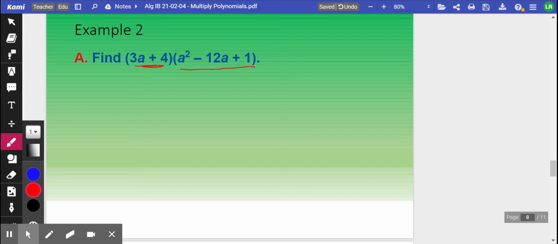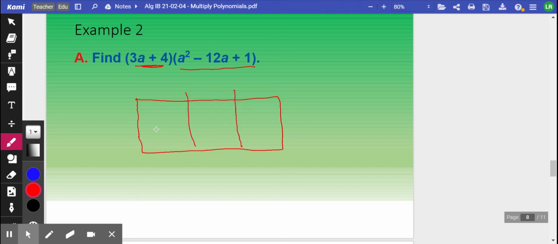Okay, so if I'm using the box, I just need a bigger box. This has 2 things and this has 3 things. So I need to make a 2 by 3 box. So I'm just going to make sure that when I create this box, I make one of the sides have 3 and one of the sides have 2.